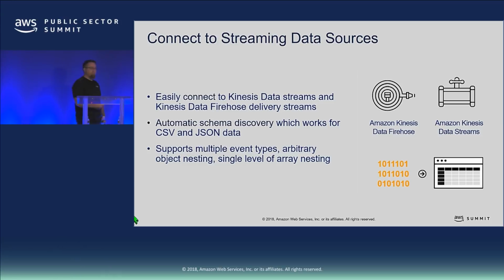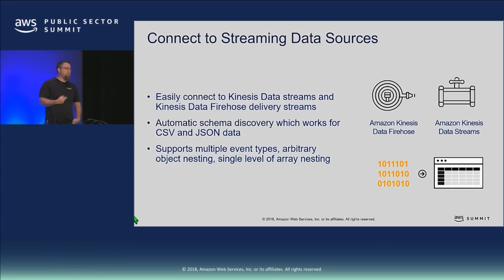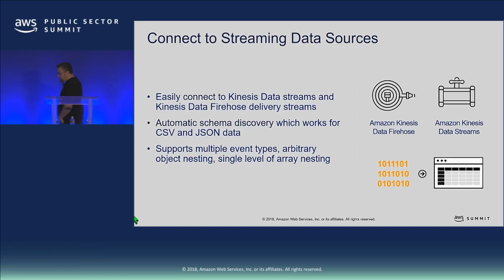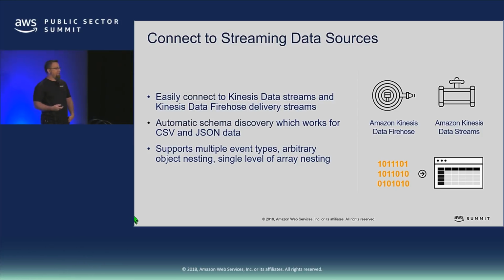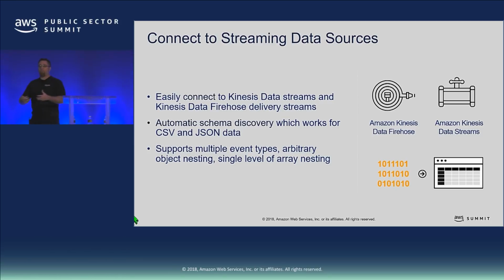What happens with Kinesis Data Analytics is, as I mentioned, you have a data stream or a data firehose that you're connecting to. If the data, say, for example, is CSV data or JSON data, or a number of formats that we support, what is actually happening under the covers is it's converting that data into a table-like format for you to then build those SQL queries off of, and it's very familiar to people that are comfortable working in SQL.